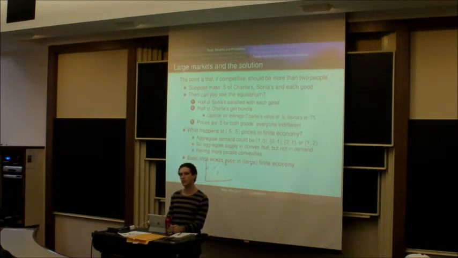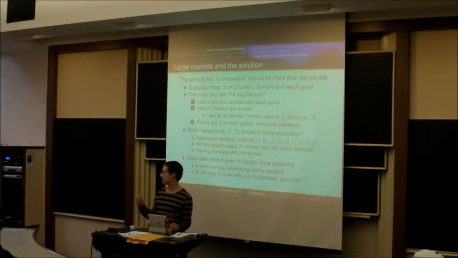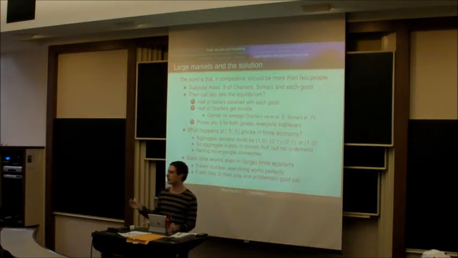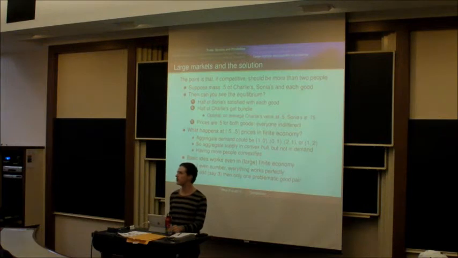So there won't be very much excess demand or excess supply at some price. And in fact, if you have an even number of people and an even number of goods, if you multiply the economy by any even number, you always get an exact equilibrium. And if you multiply it by an odd number, at most you're one off from getting an equilibrium.